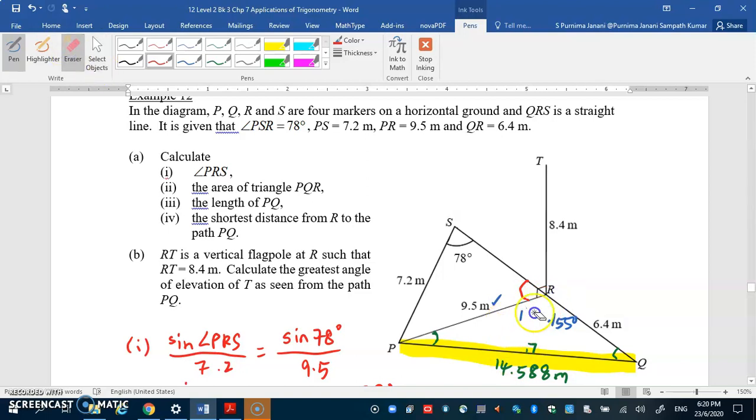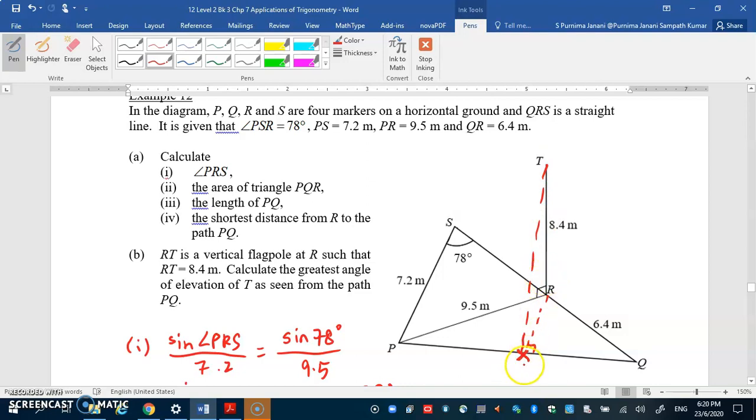Okay, so let me erase all this. I already know that if I were to walk along PQ, my shortest distance from the flagpole is over here. So if I stand here and I look at the top of the flagpole over here, that will be my greatest angle of elevation. I'm going to draw the line of sight over here.